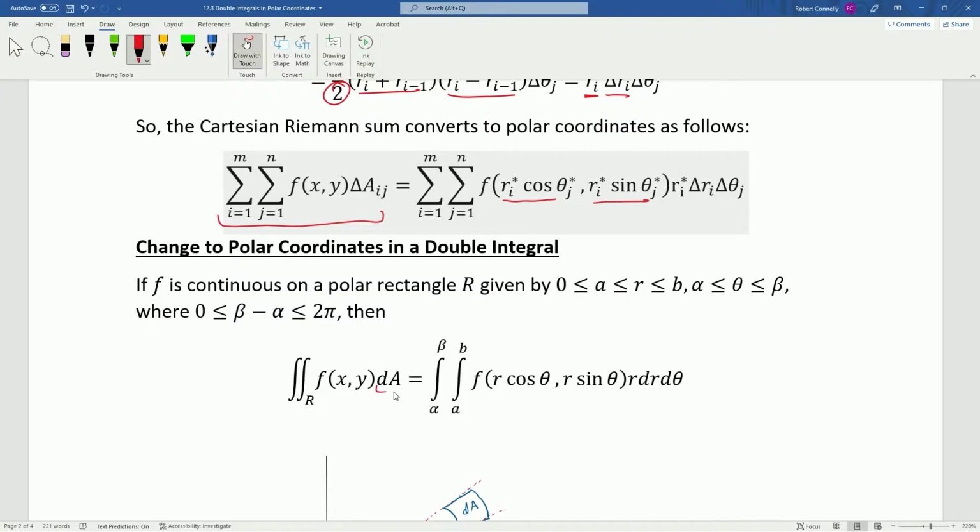So the key here is that you're replacing dA with r dr d theta, and you're replacing x with r times cosine theta, and y with r times sine theta. So anytime you have a function in Cartesian coordinates over some region, if that region can better be described with polar coordinates, then you can just convert this integral into this polar form.